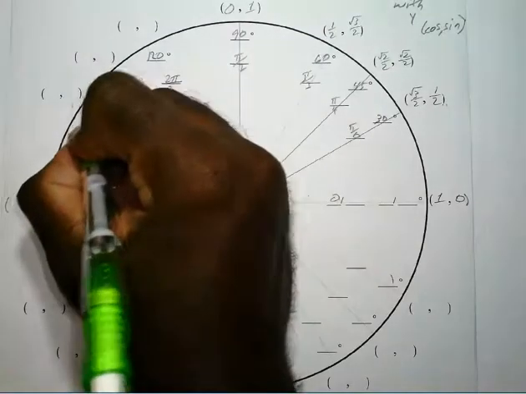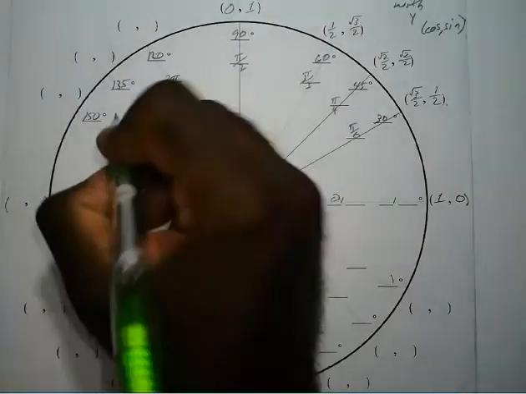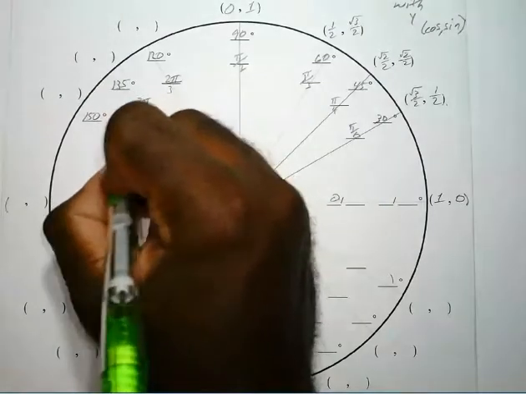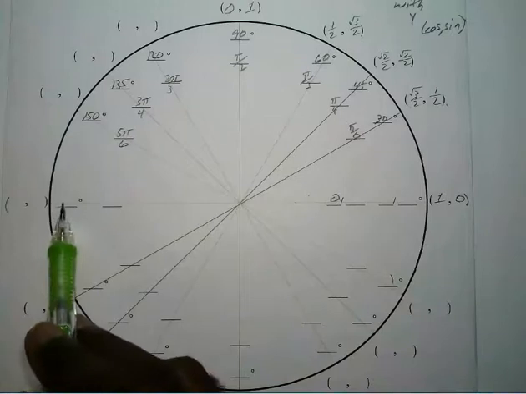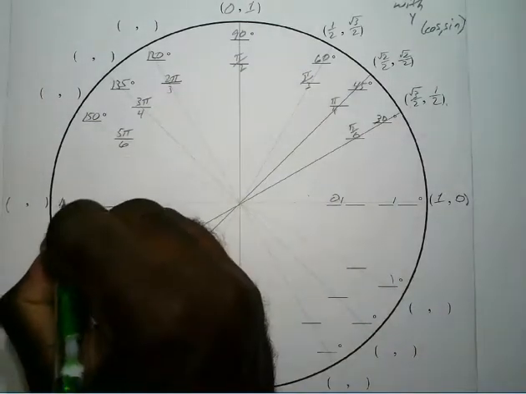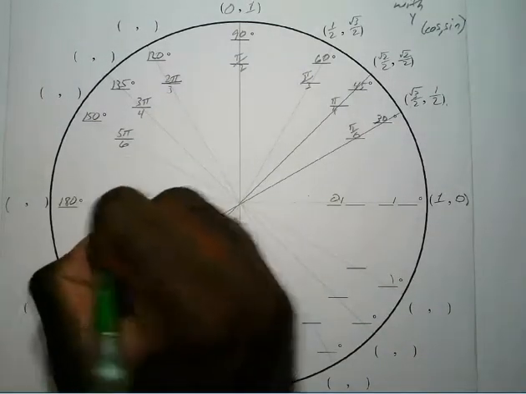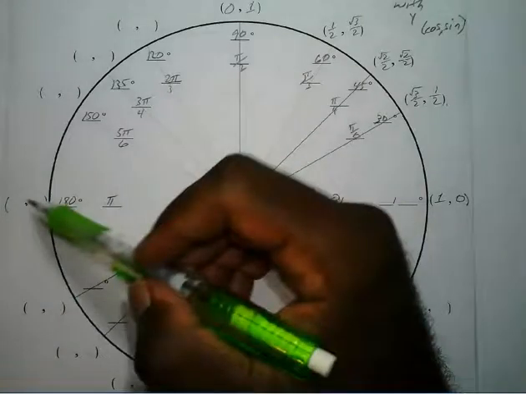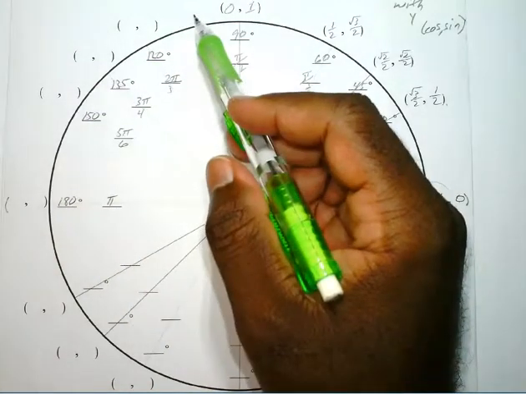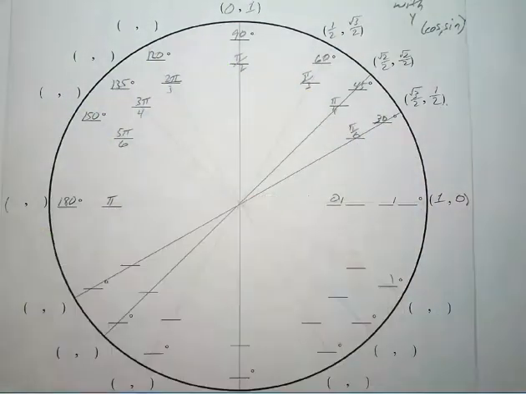Okay, and this is 150 degrees, or 5 pi over 6. And remember, when you go from this point to this point, that's 180 degrees, or just pi. Okay, and again, starting with your y's, you're going to go up, then you're going to go down.